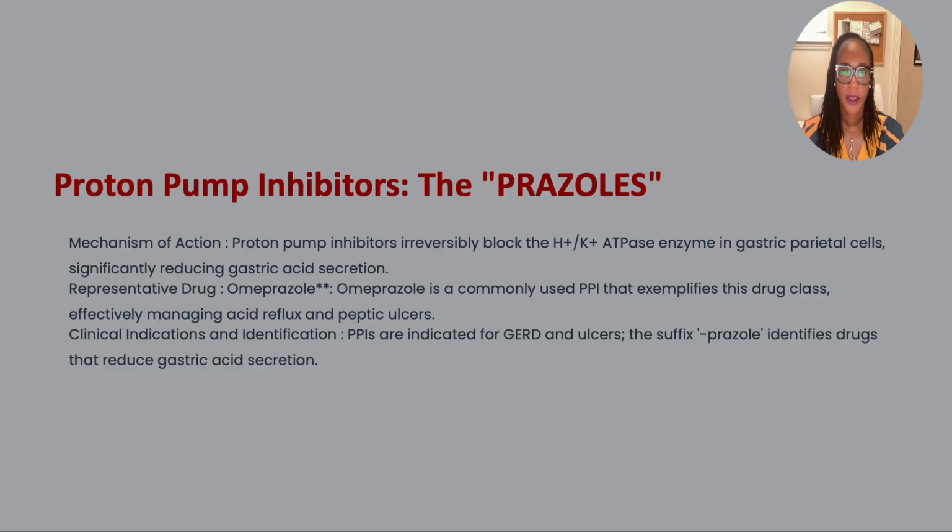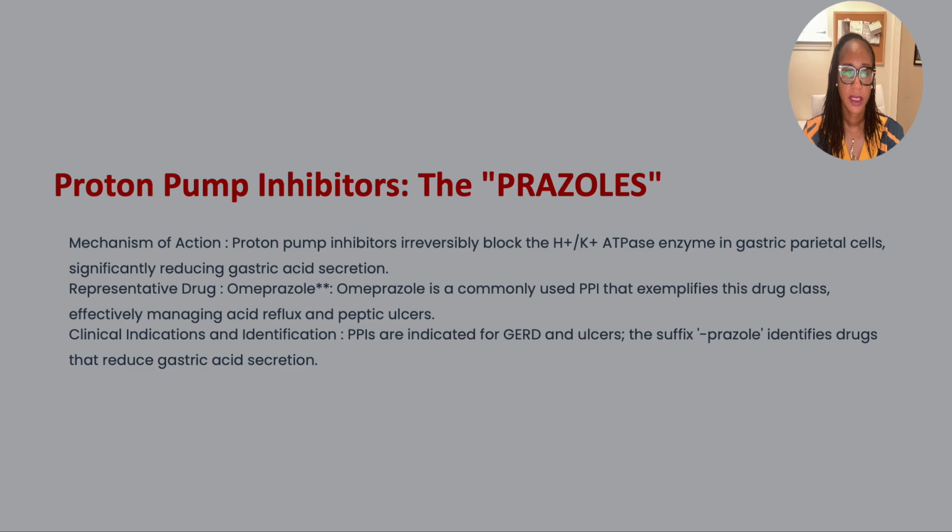So I already mentioned they significantly reduce gastric secretion. A representative drug, omeprazole, is commonly used as one of those proton pump inhibitors. It's just an example for a drug class. And then, as I mentioned, they effectively manage acid reflux and peptic ulcers.